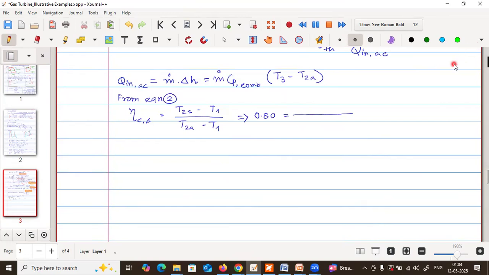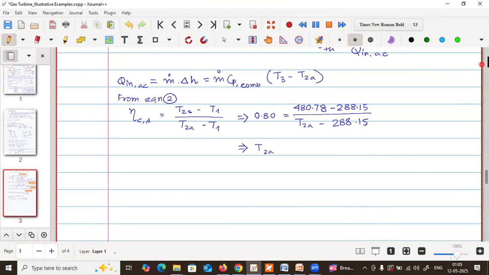Just determine, 480.78 minus 288.15 divided by T2A minus 288.15. From this, we can determine what T2A is.